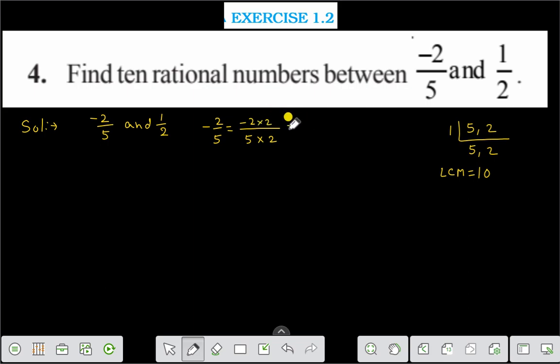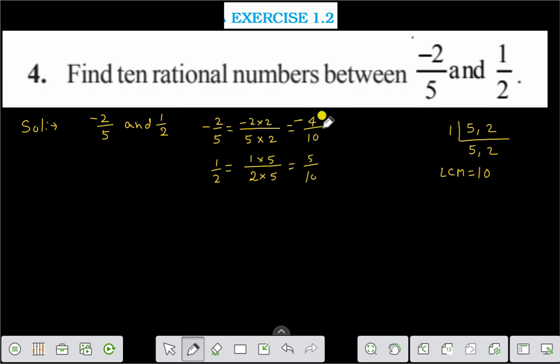That is, you are getting minus 4 by 10. And 1 by 2 can be written with the denominator the same, that is 2 multiplied with 5, and 1 is also multiplied with 5. That is, you are getting 5 by 10.